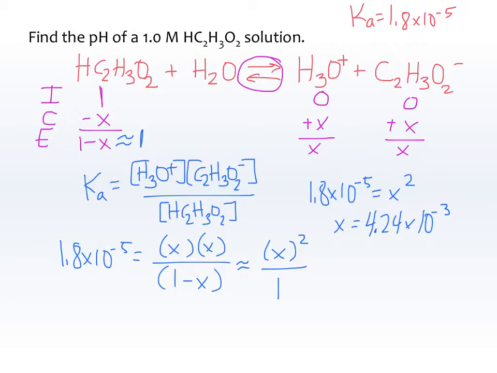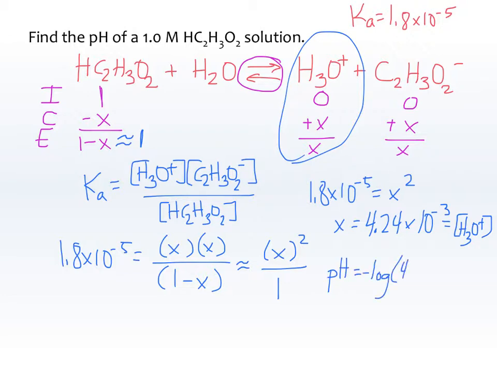So now that X is your H3O+. So then to find your pH, you take the negative log of your H3O+. And since that's a negative 3, this will be 2.4. And that is your pH.